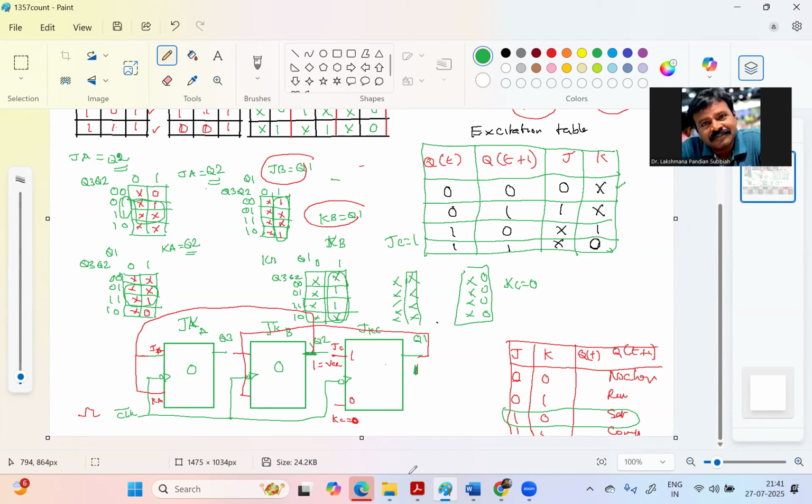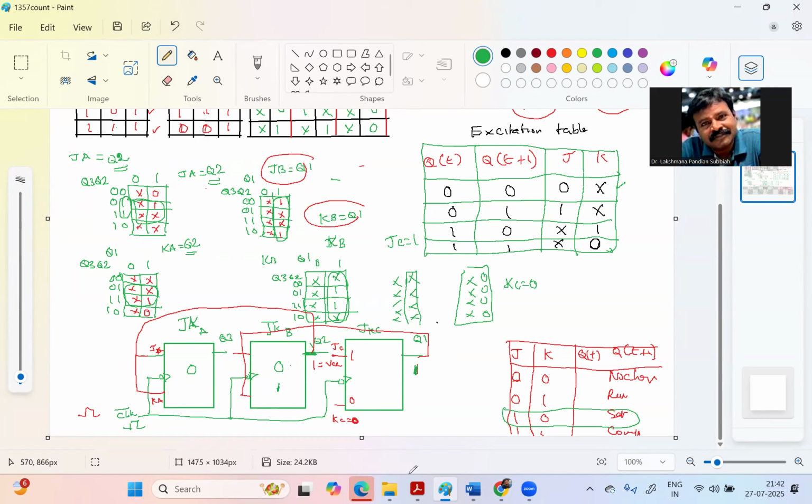Next, in the next clock pulse, the second clock pulse, what will happen here, second edge triggering? You see this one. This is one, so it will make this one, right? This is always set, this is one.